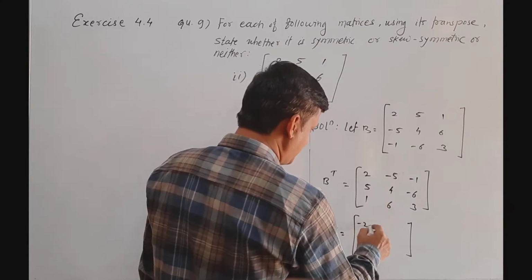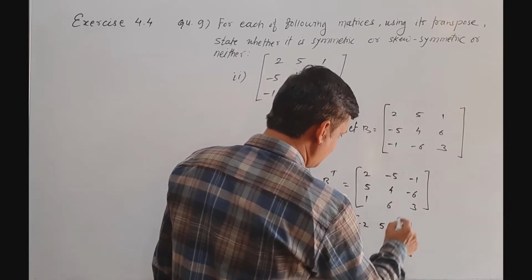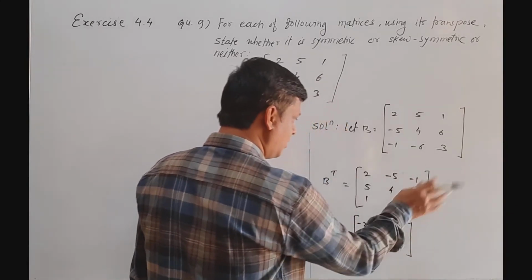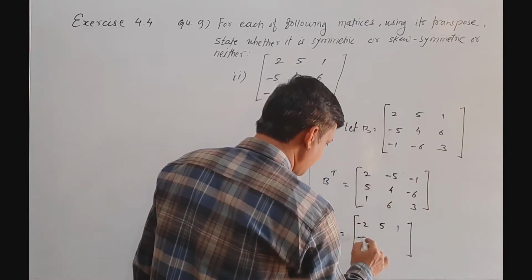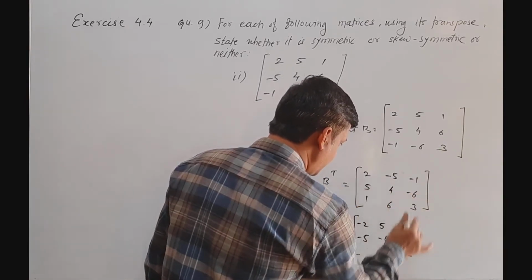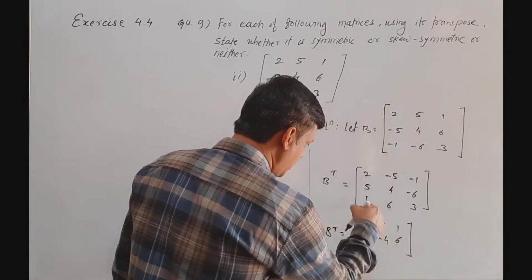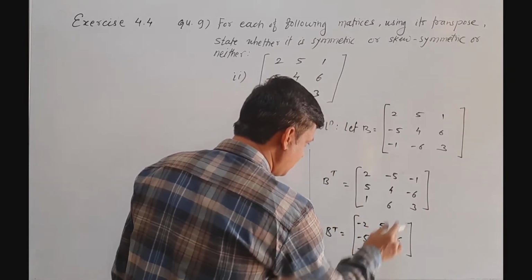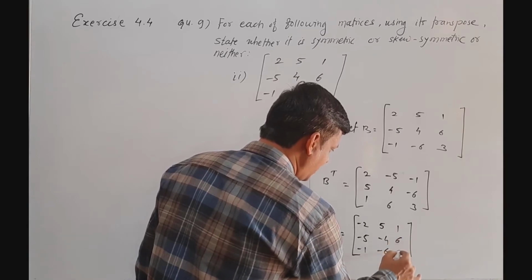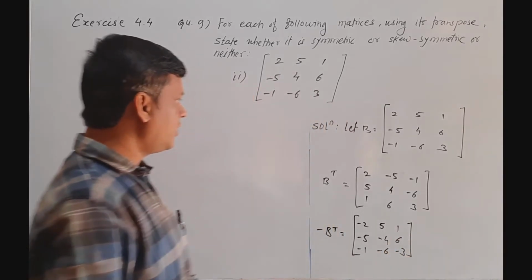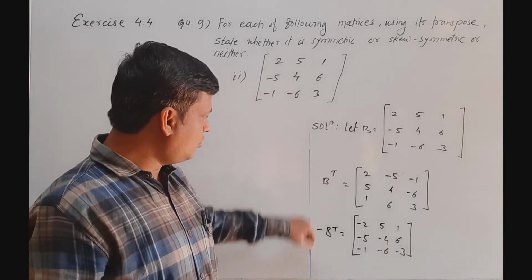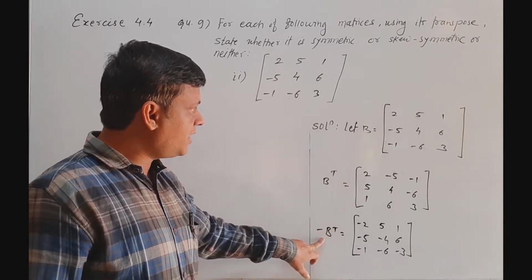So write here minus 2, minus minus gets plus 5, then minus minus plus 1, then here we get minus 5, minus 4, here minus minus gets plus 6, then here we get minus 1, here minus 6, and here minus 3. So here we check these two, B equals to minus B transpose.